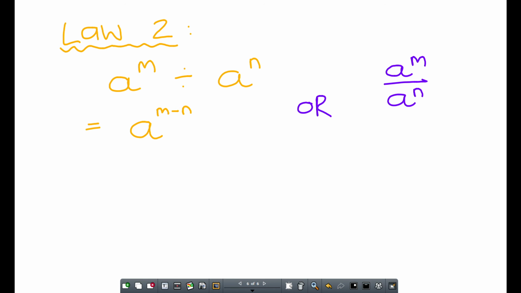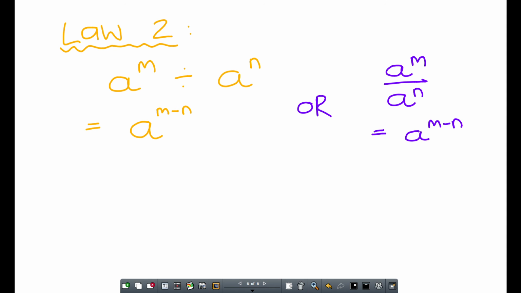Isn't that exactly the same? So when it's in the form of a fraction, you could skip directly to a to the power of m minus n. Or if you're more comfortable with it, first write down that step so you can see it easier.